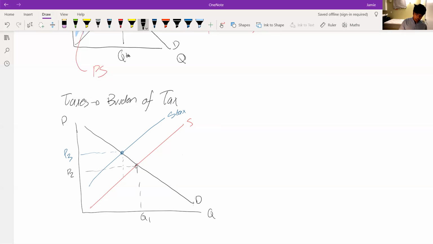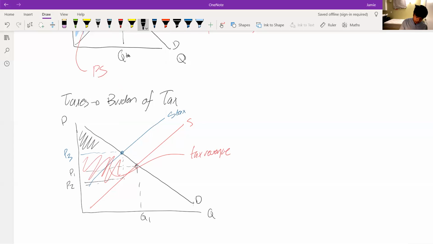If I translate that point down on the old supply curve, let's call this P1. This is the price to sellers. This is the price they receive less the tax. So P3 is the price that they pay with the tax. This little box formed right over here, this is the tax revenue.